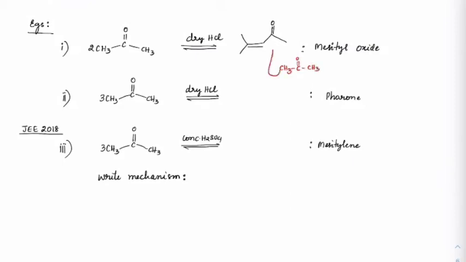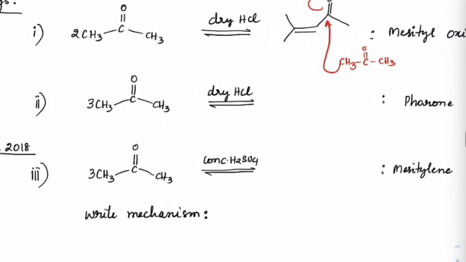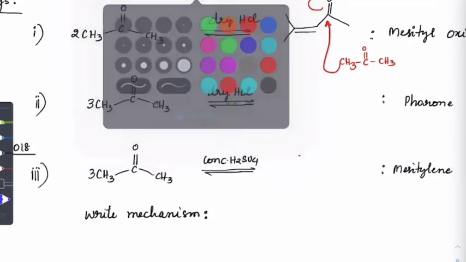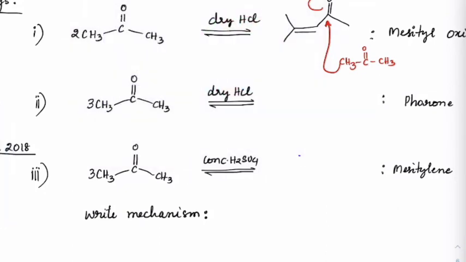So this CH3 part will again react here like this, and finally we will get a product with 3 moles in it. So it would look like this. We'll have a double bond here with this C double bond O intact, and here, sorry, my mistake, this CH3 is attacking here. Yeah, so this CH3 is attacking here, which means this will get involved as one more double bond here and this formation.